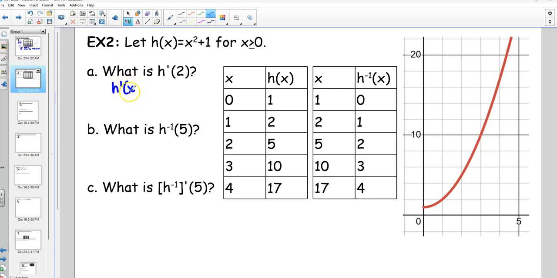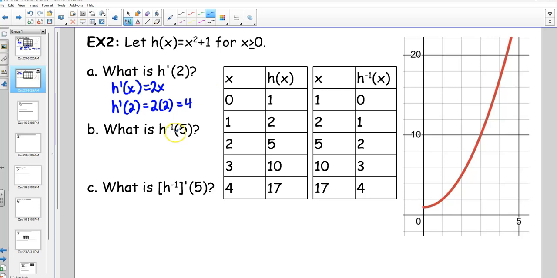H prime of x is just 2x, and h prime of 2 is going to be 2 times 2, which gives us 4. So if we're thinking maybe this is going to happen every time, we're thinking maybe the answer is going to be 1/4, possibly. Let's see if it happens, okay?